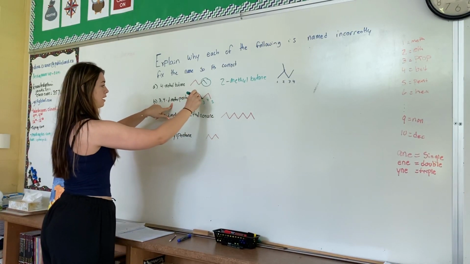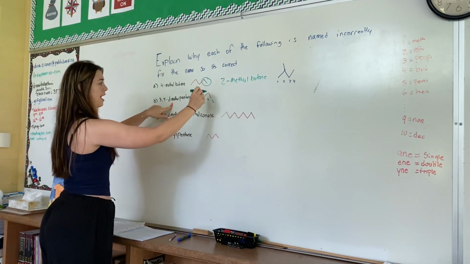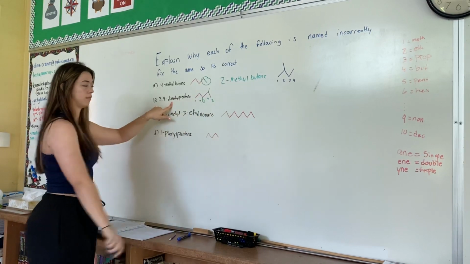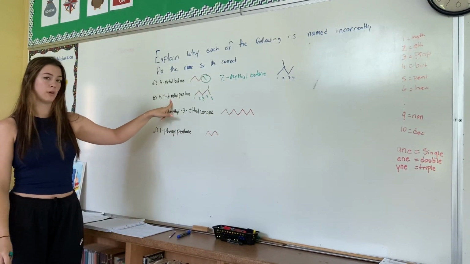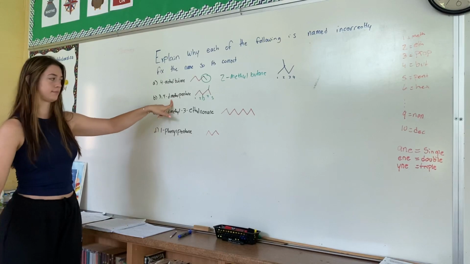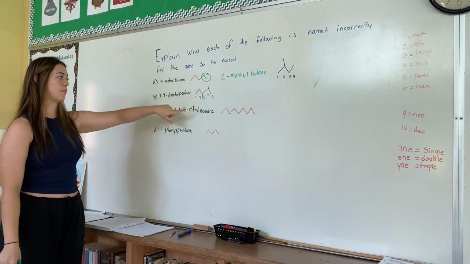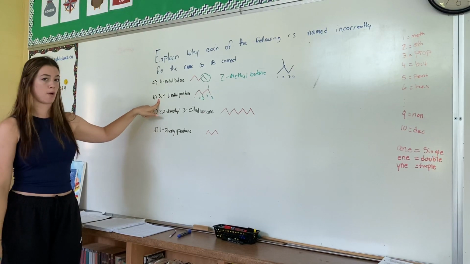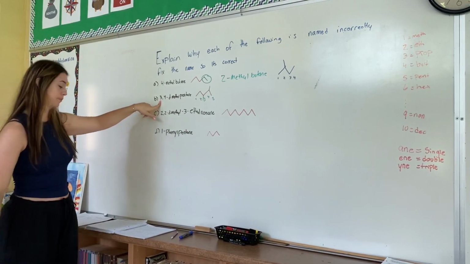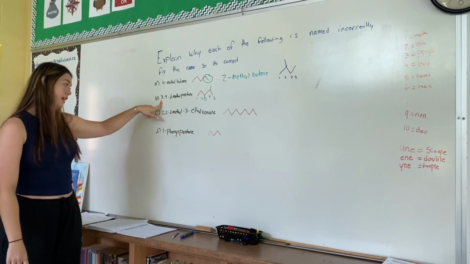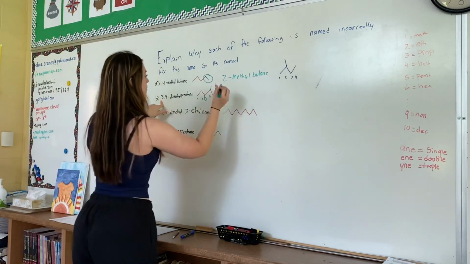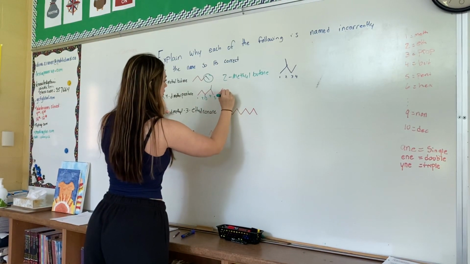At 3, we'll have a methyl, and at 4, we'll have a methyl. Now this may look right, but it's not. We have the same problem we had last time, where these are not the lowest possible numbers that we can have.